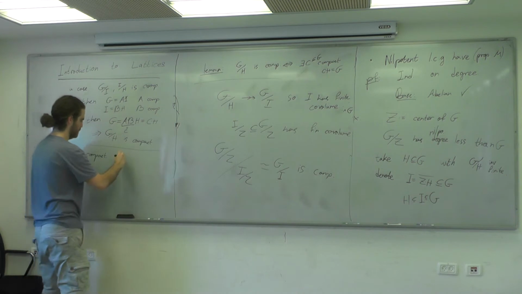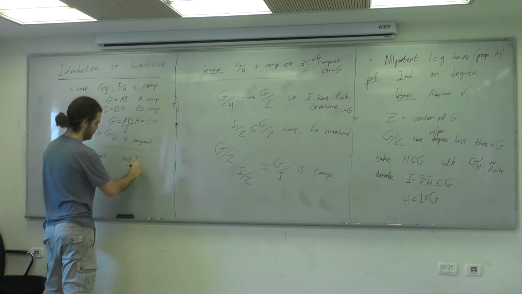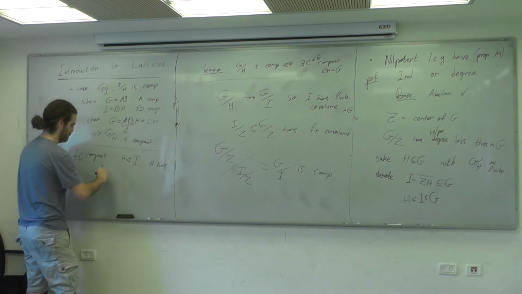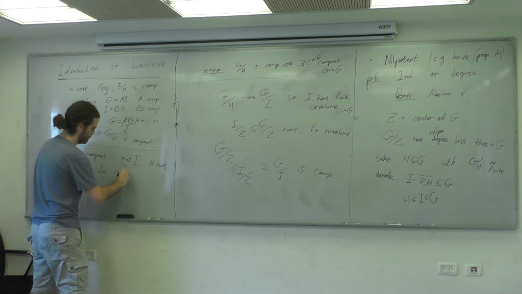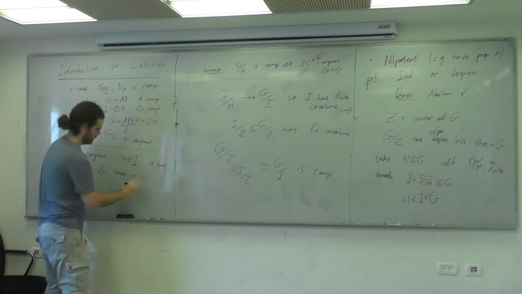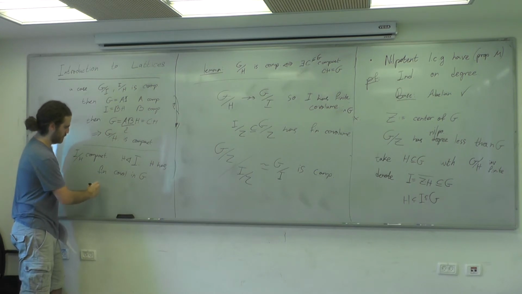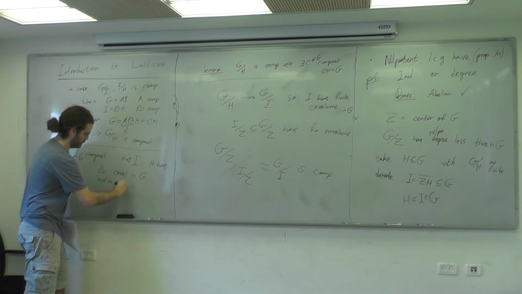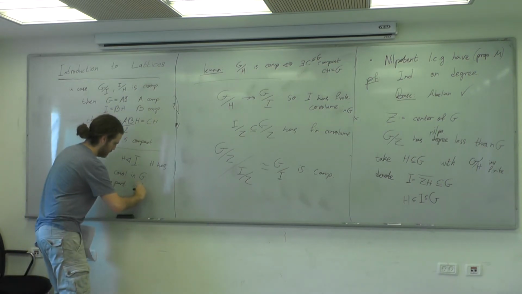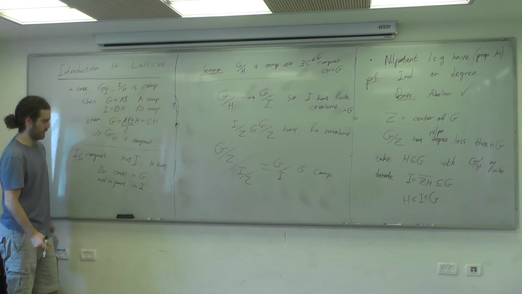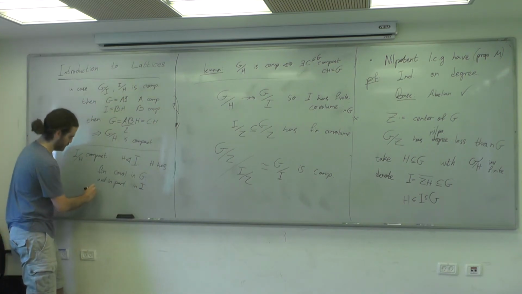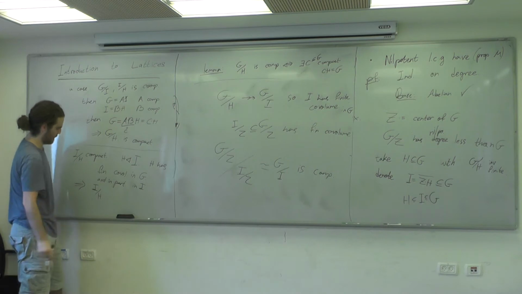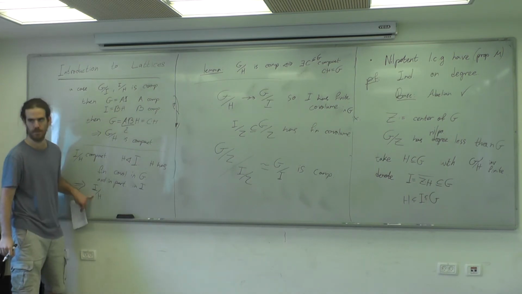H is normal in I, and H has finite covolume in G, and in particular in I. And in that case, the quotient I mod H is a group now, because H is normal.